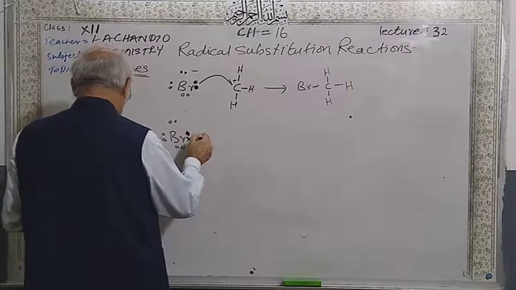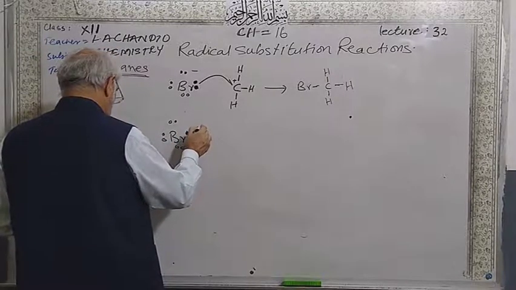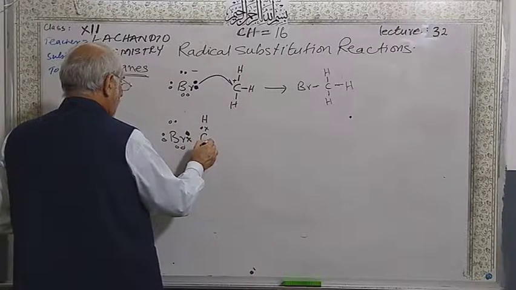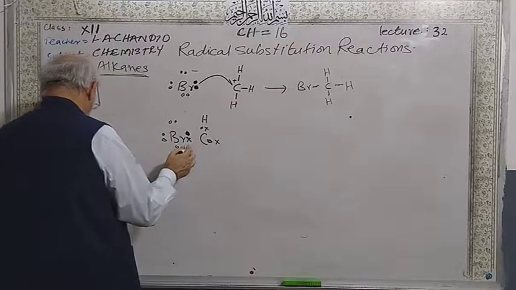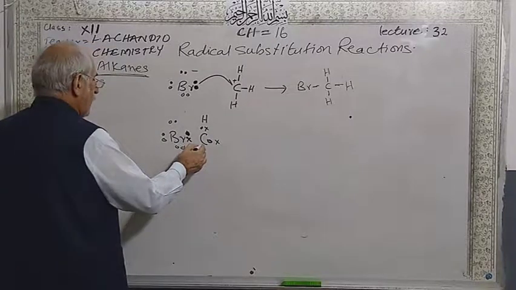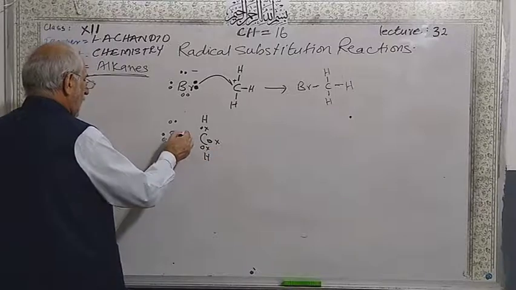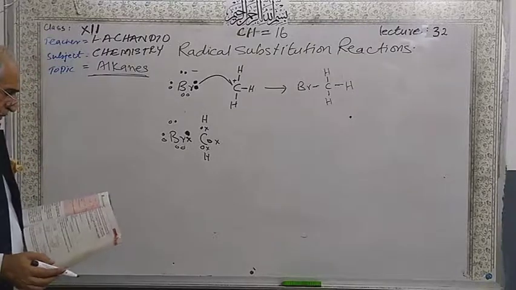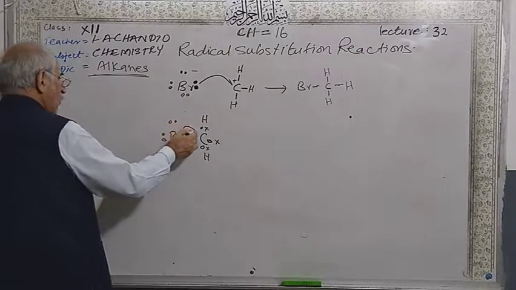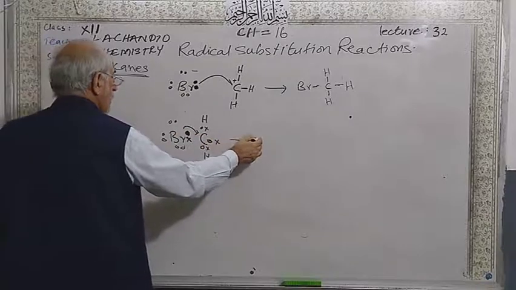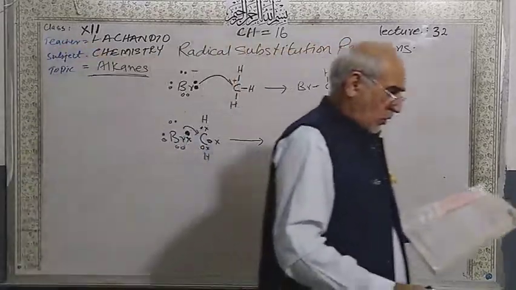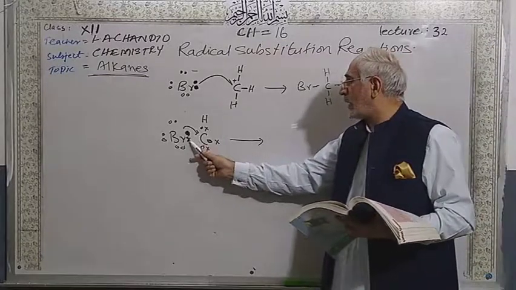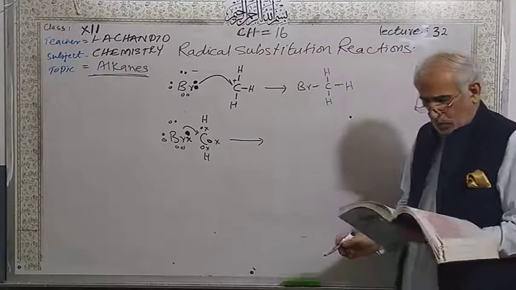There is the carbon, with bonds between carbon and hydrogen. So this bond is going to dissociate, and this is a full arrow. It shows the movement of the bonded electron pair.